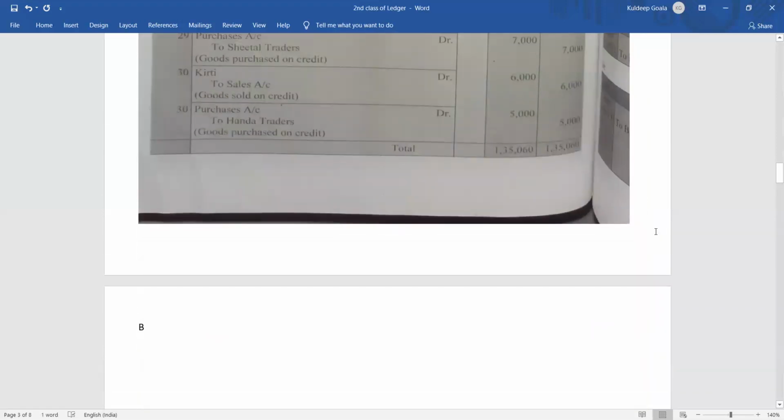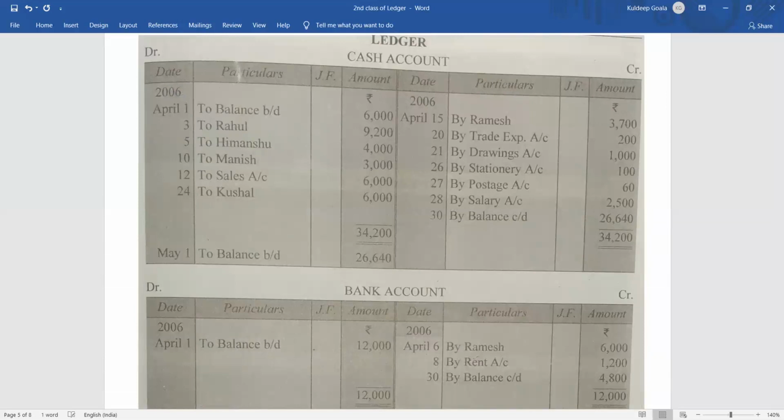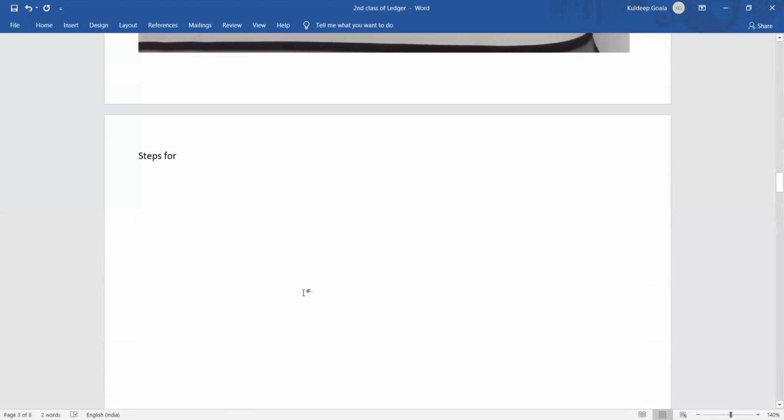Steps for balancing of ledger. Just a minute, it should be because of the settings problem.